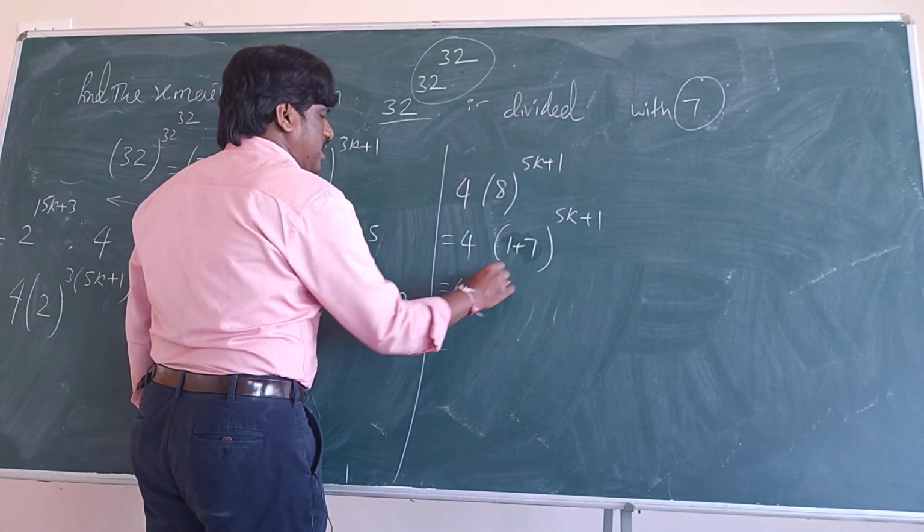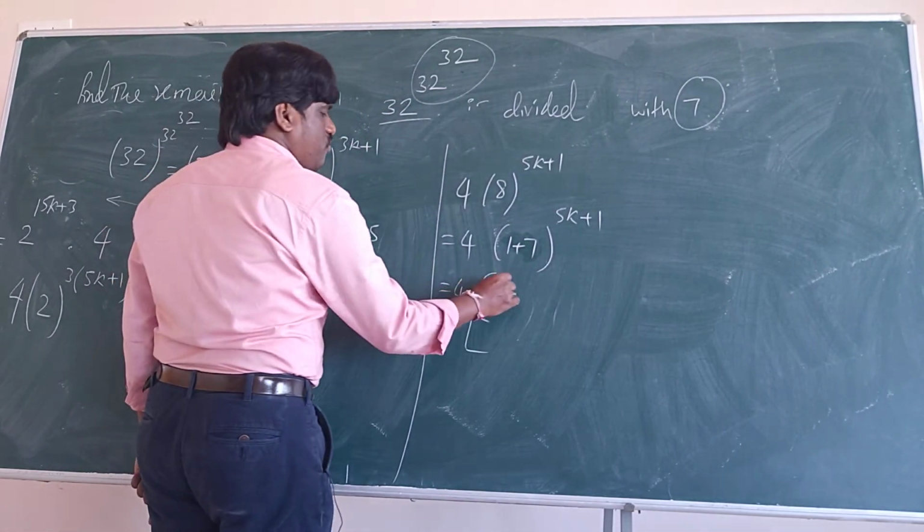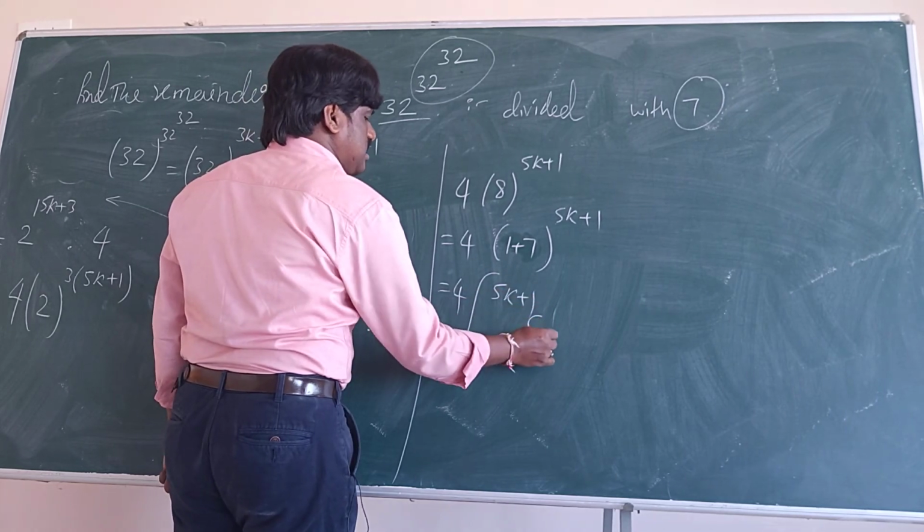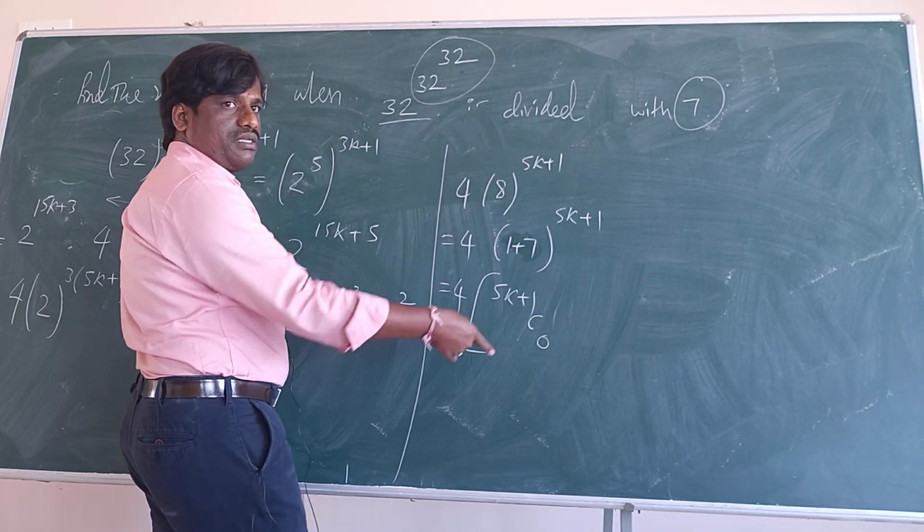Now I can use the binomial expansion. So 5k plus 1 C0, 1 power, you get 1 only.